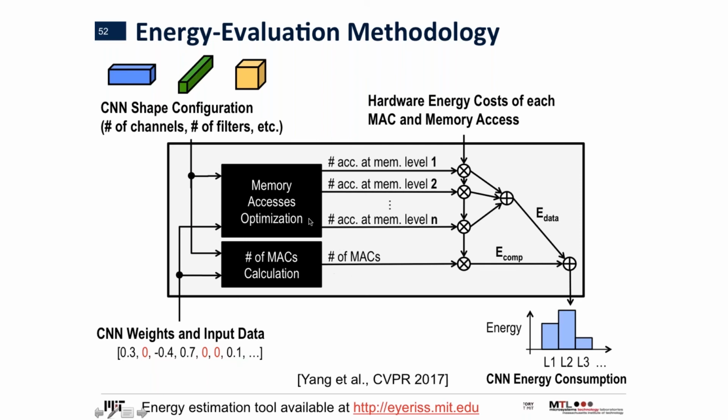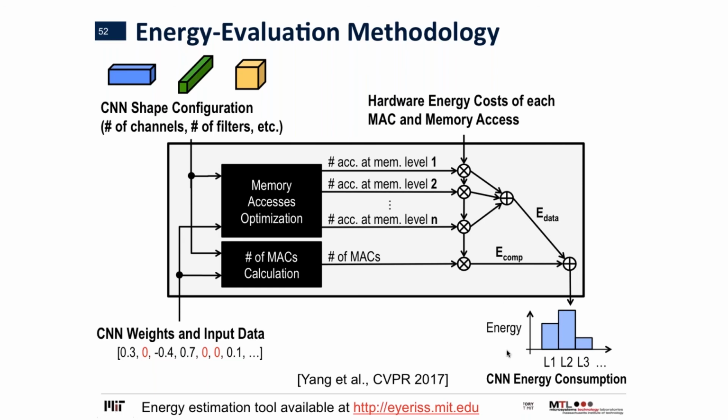So you can have a breakdown of the energy and the data movement that occurs at the different levels of the memory hierarchy, because as we recall, data movement really dominates the energy consumption. At the output, you'll get an energy breakdown in terms of the amount of energy consumed per layer and also where it's being consumed in the network itself.